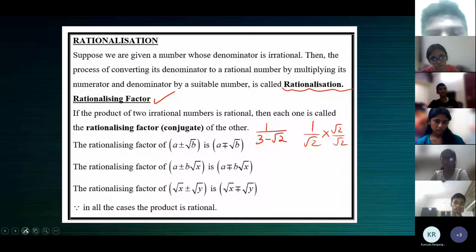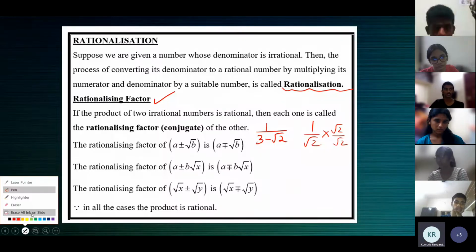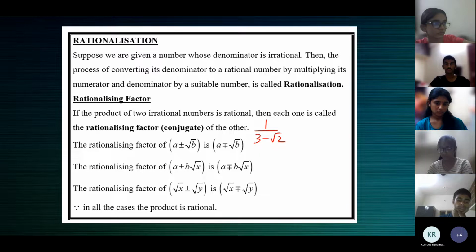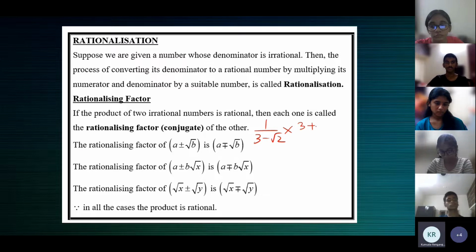Now, when you have 1 by 3 minus root 2, you have to multiply the numerator and denominator by 3 plus root 2. Understand that when you multiply and divide by the same expression, you're multiplying by 1.